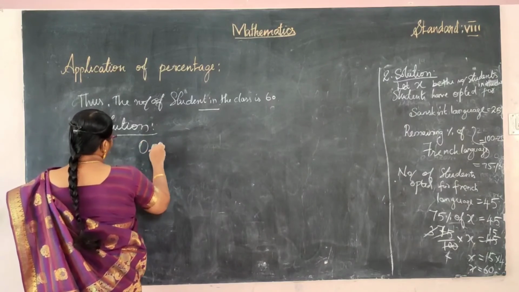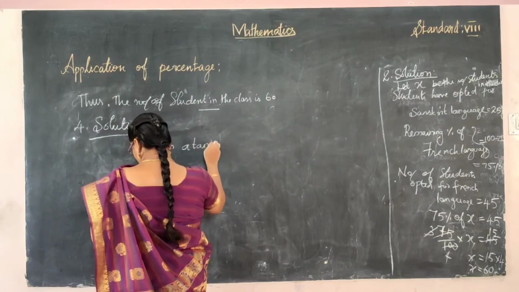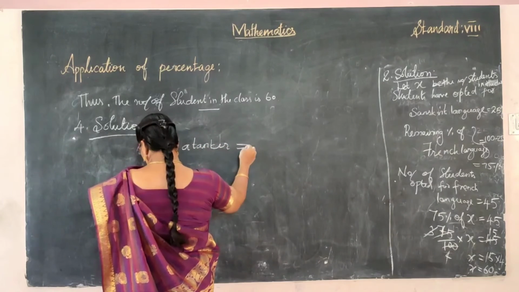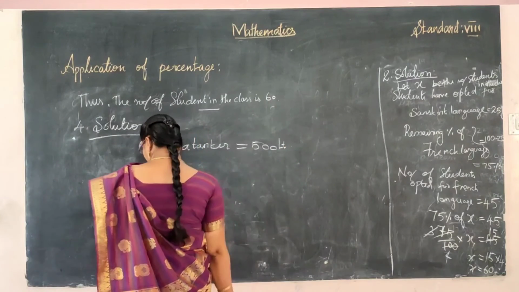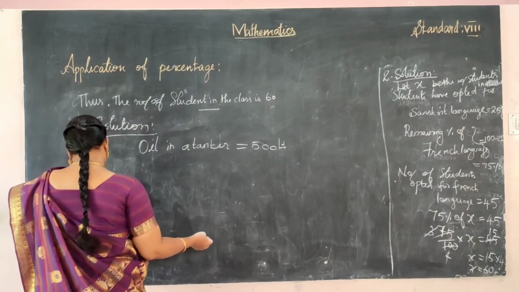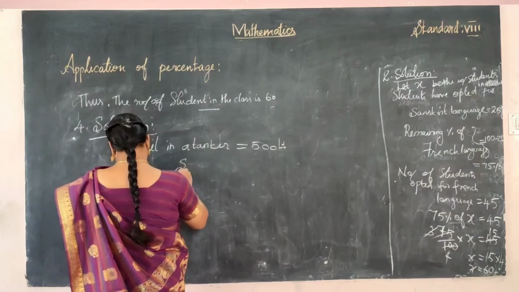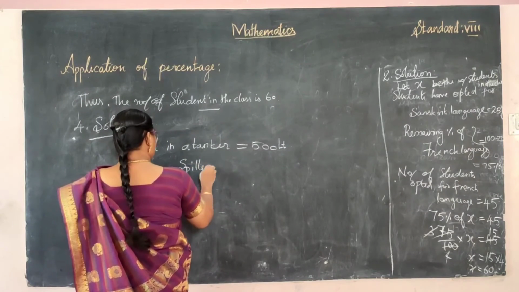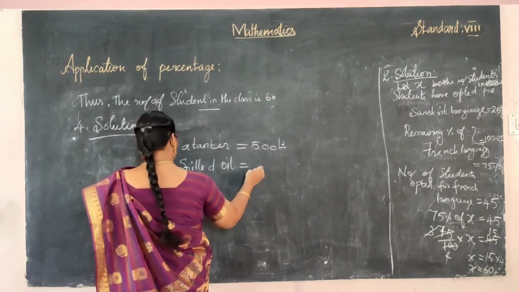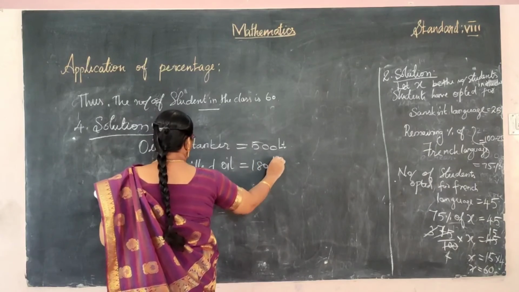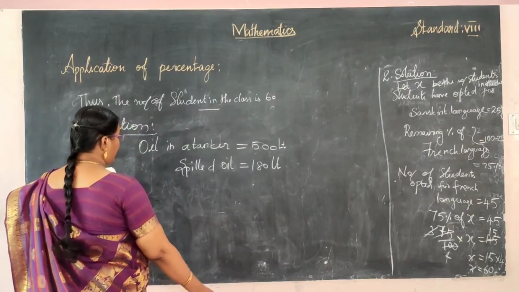Oil in a tanker is equal to 500 liters. Spilled oil is equal to 180 liters. Find the percentage of the remaining oil.